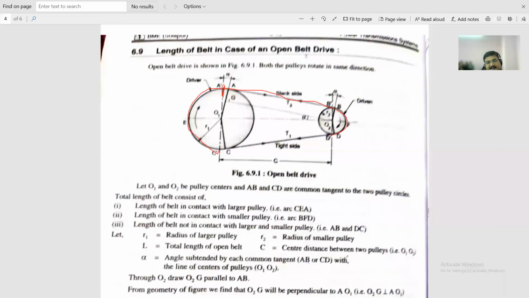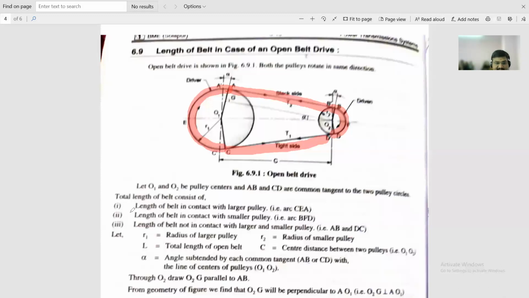Okay, what is the length of belt in case of open belt drive? म्हणजे तुम्हाला जर ओपन बेल्ट ड्राईव्हची लेंथ कॅल्क्युलेट करायची असेल तर यू नीड टू कॅल्क्युलेट द लेंथ ऑफ आर्क. तुम्हाला काय करावं लागेल? लेंथ ऑफ आर्क कॅल्क्युलेट करावी लागेल. आणि ती लेंथ ऑफ द आर्क कुठपासून कुठपर्यंत पहा? ए पासून सी पर्यंत. राईट. देन या बी डॅश पासून डी डॅश पर्यंत. अँड देन या ए पासून बी पर्यंत, सी पासून डी पर्यंत. देन टोटल लेंथ विल बी कॅल्क्युलेट.